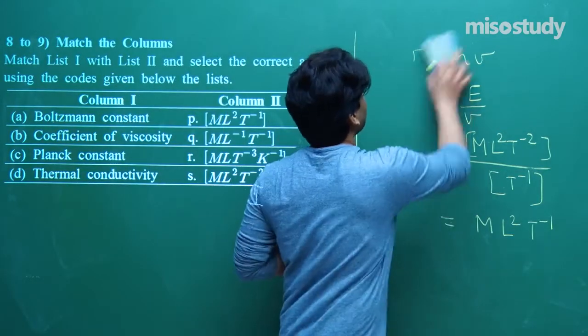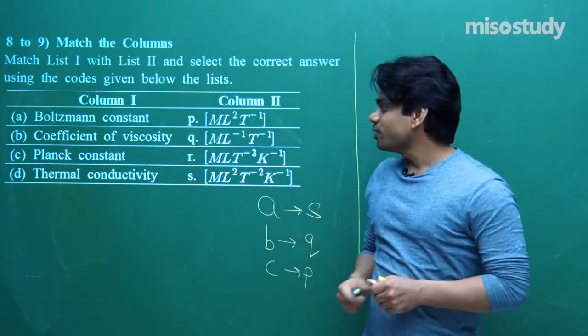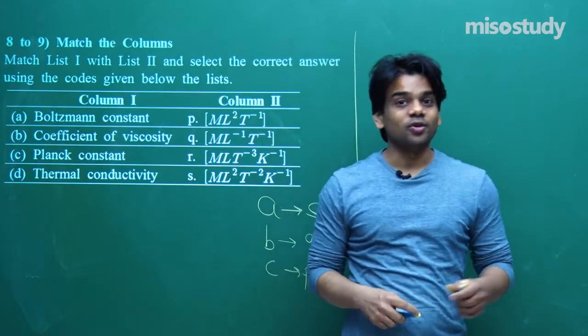So we have also evaluated how to find the dimensional formula for Planck constant. Next we have thermal conductivity. You will come across this term.